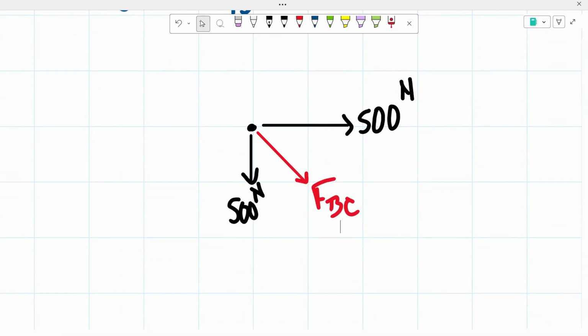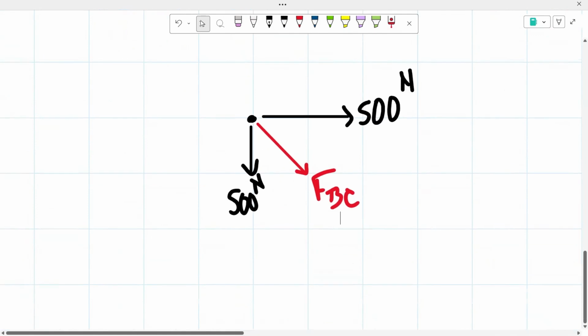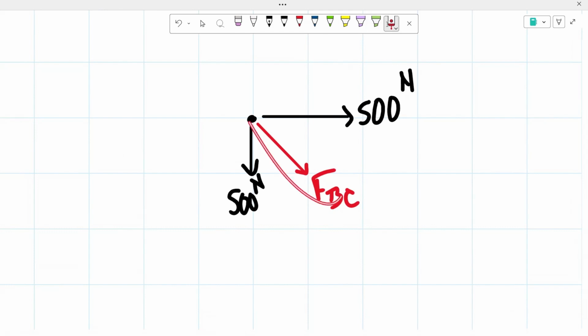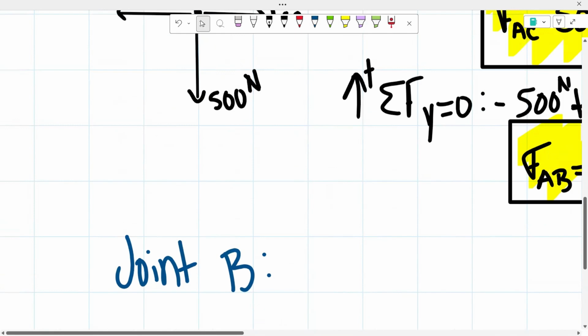So now that we have that, remember when we would determine the forces, and when they were at an angle, we would determine their x value and their y value. Well, we're basically going to be doing that. As you guys can see, as we continue, we're just adding on to what we've already learned.